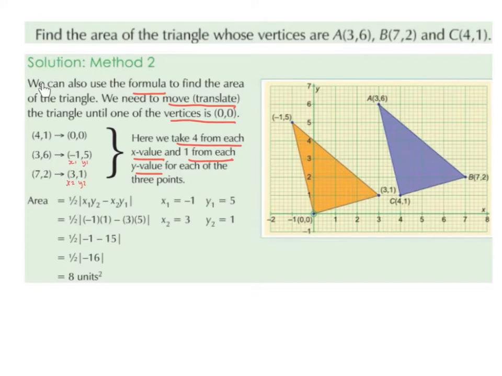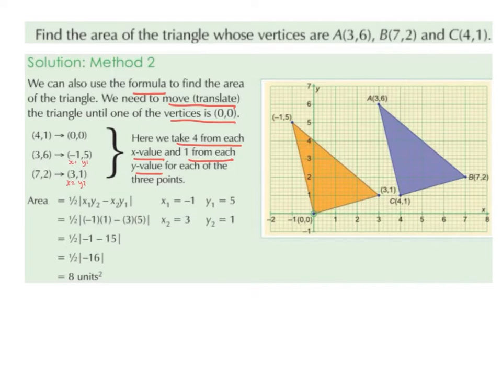Method 2. We can also use the formula to find the area of the triangle. We need to move, which means translate, the triangle until one of the vertices or corners is (0, 0). I'm going to choose the bottom left corner, which is (4, 1), and move it down here so it's at (0, 0). How did I get from (4, 1) to (0, 0)?